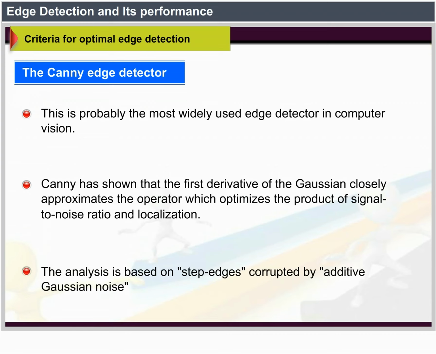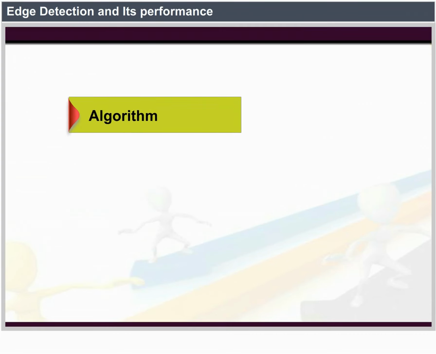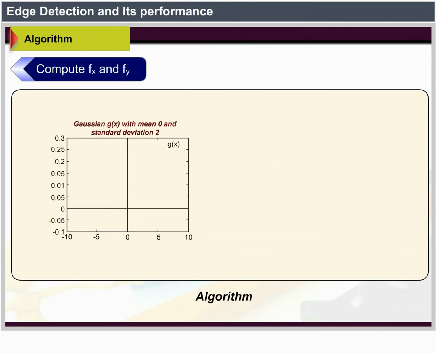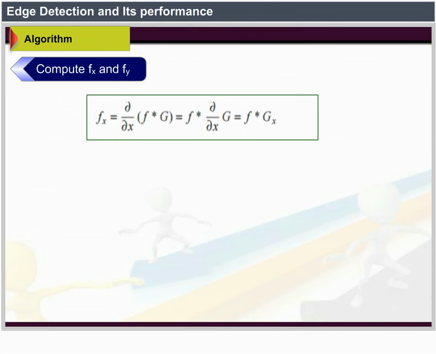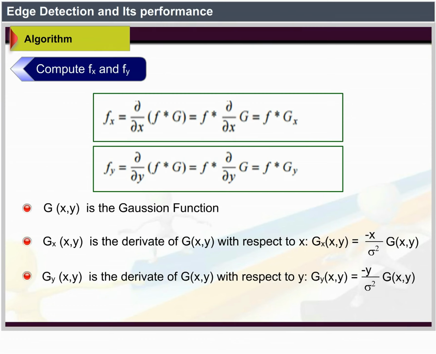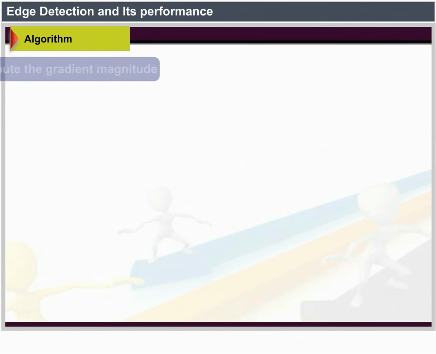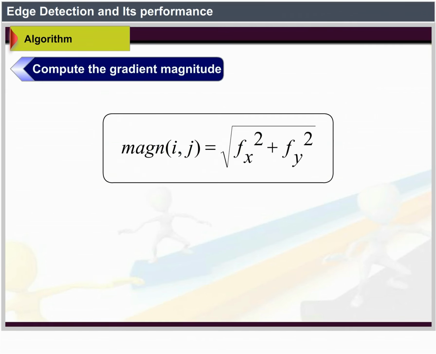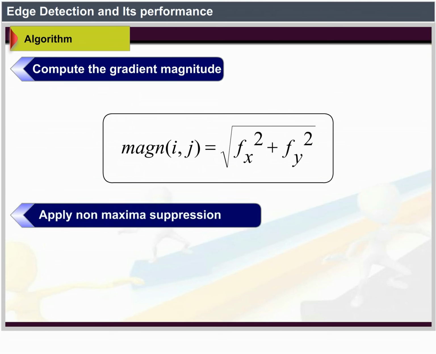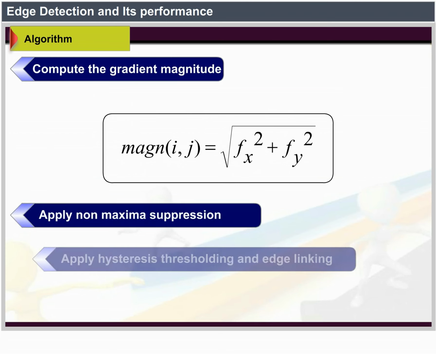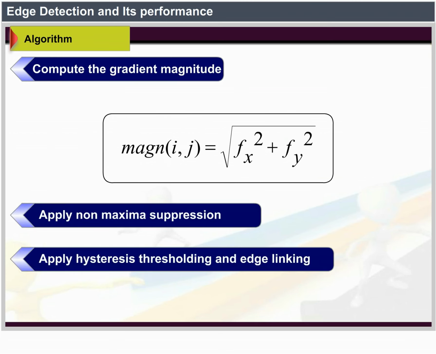The algorithm for computing fx and fy can now be seen, as well as computing the gradient magnitude. Apply non-maxima suppression. Apply hysteresis thresholding and edge linking.